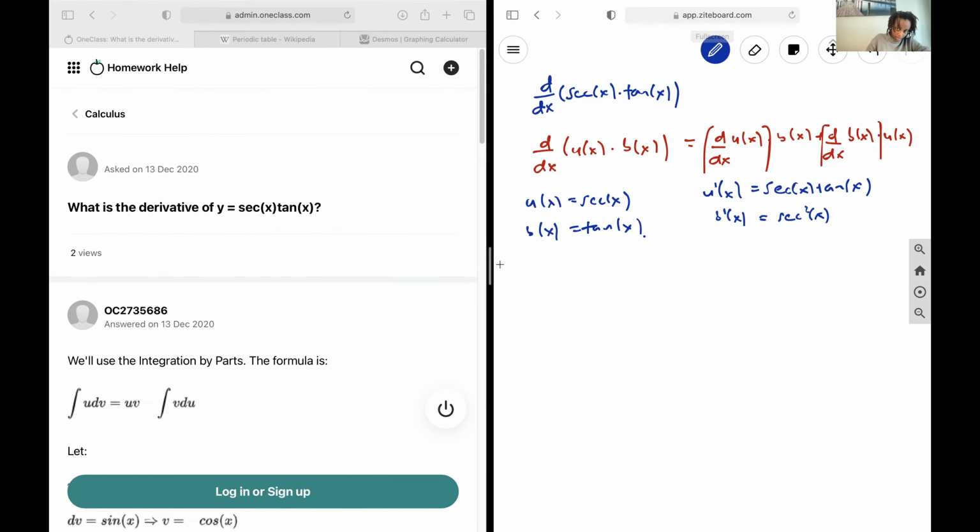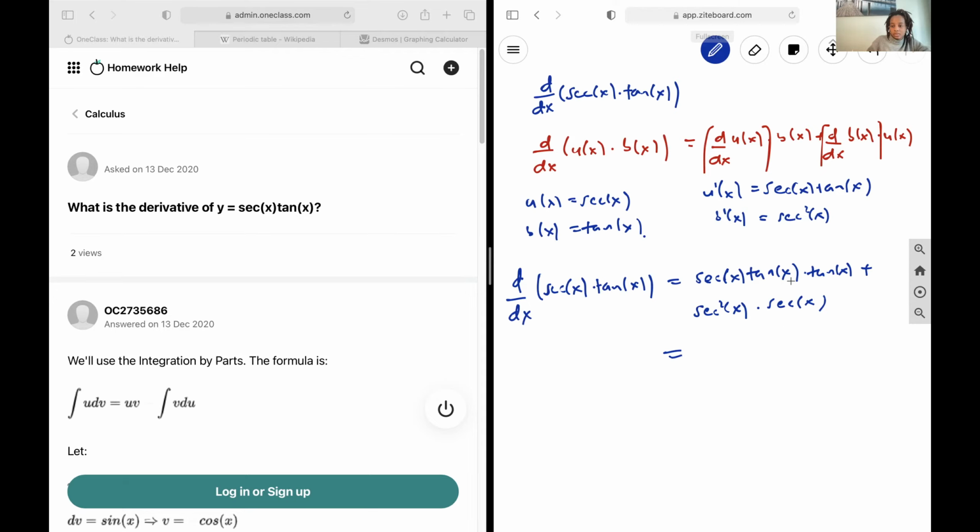Now we're just going to put that all into our formula here. So the derivative of u of x, secant x tan x, multiplied by v of x, which is tan x, plus the derivative of v of x, secant squared x, multiplied by u of x, secant x.